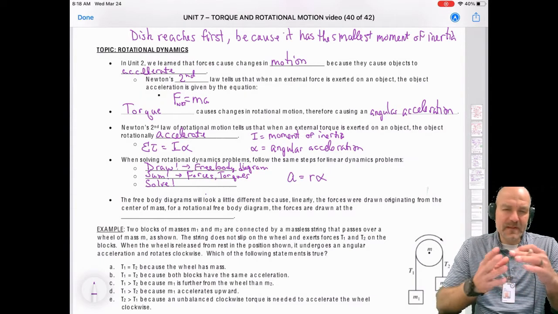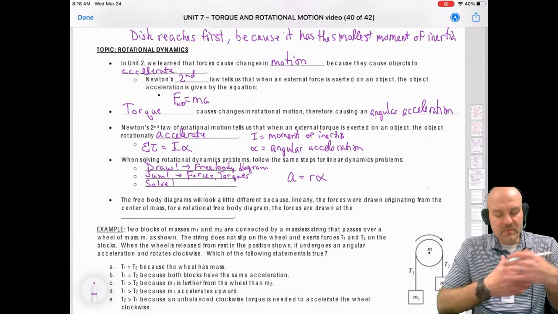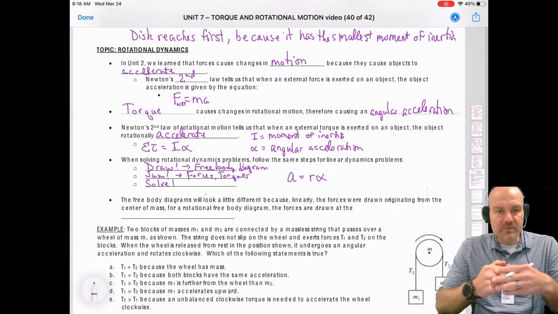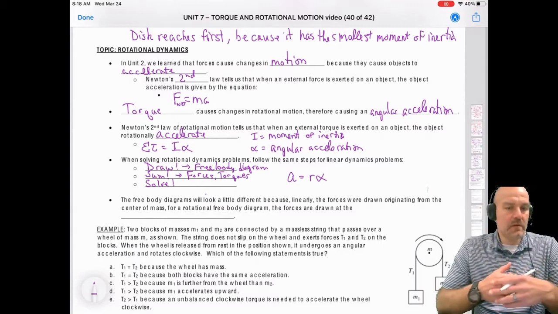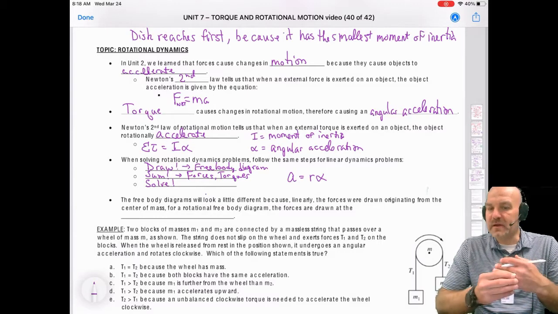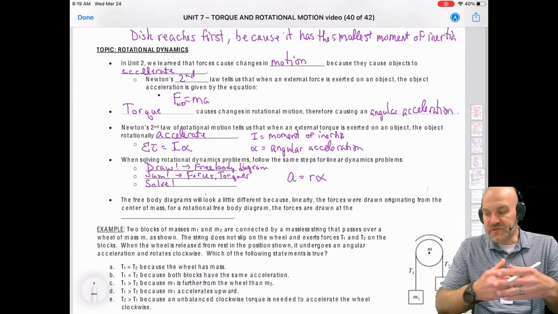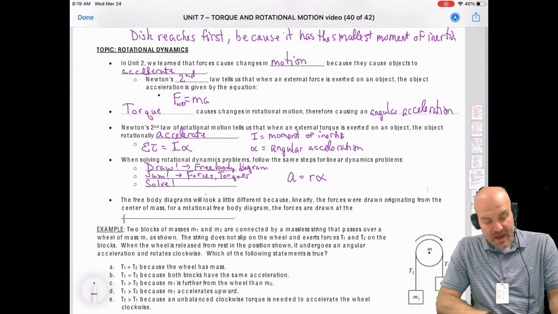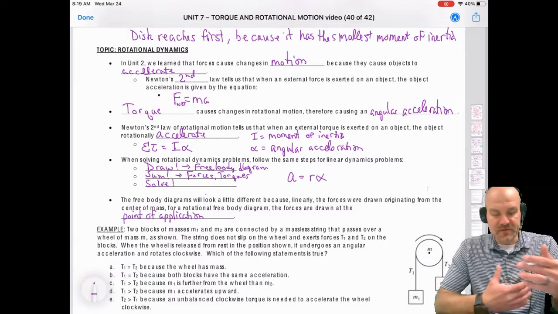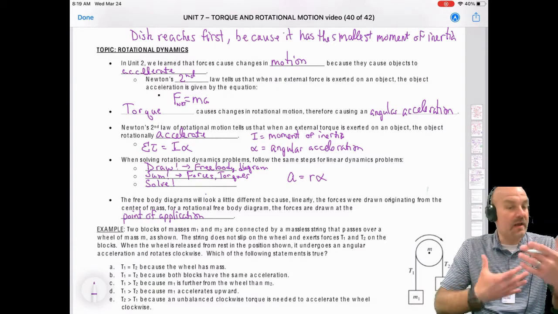Like I mentioned before, the free body diagrams are going to look a little bit different, because when we drew them linearly, they originated from the center of mass. But for rotational free body diagrams, you're going to have to draw the forces at the point of application. You're going to run into rolling objects, or an Atwood machine.